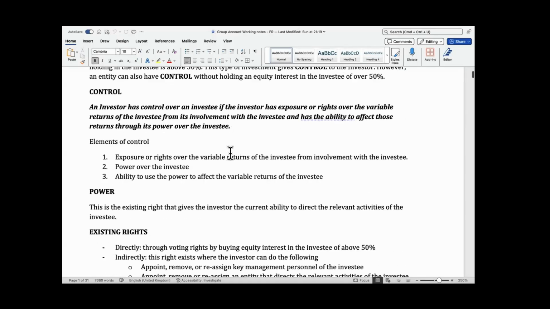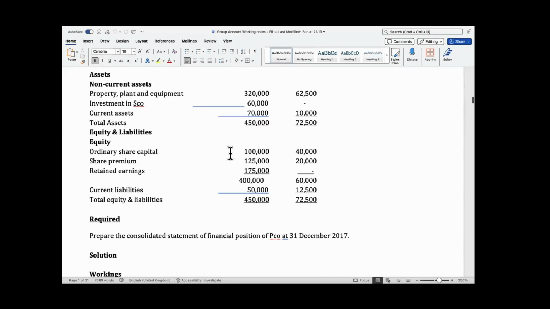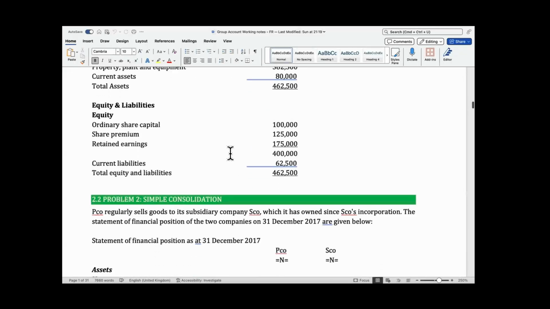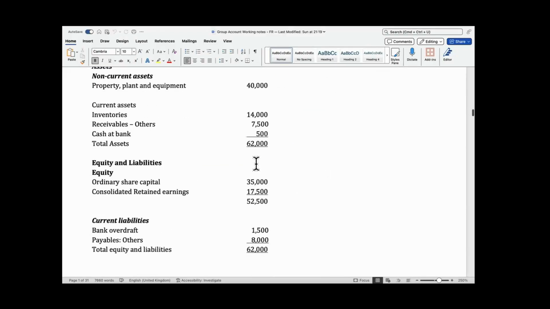Last week we were already consolidating and making a series of adjustments using the same principle of cancellation, where the focus was to cancel out similar items or similar transactions between the parent and the subsidiary, and any uncancelled items should be consolidated.